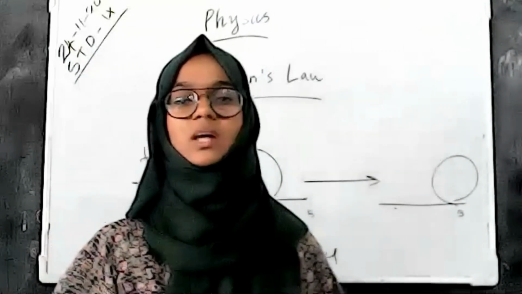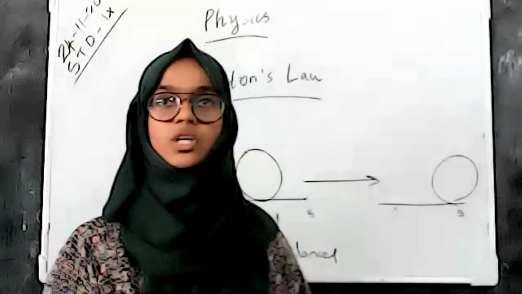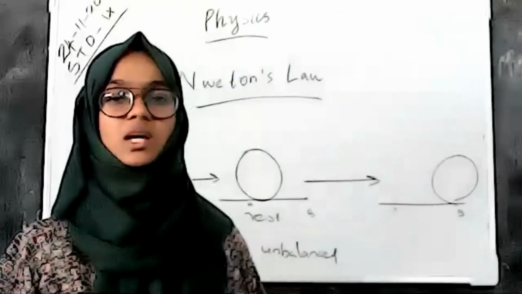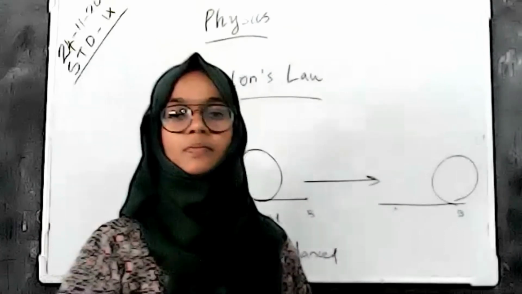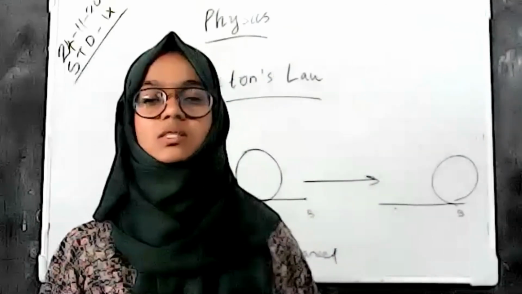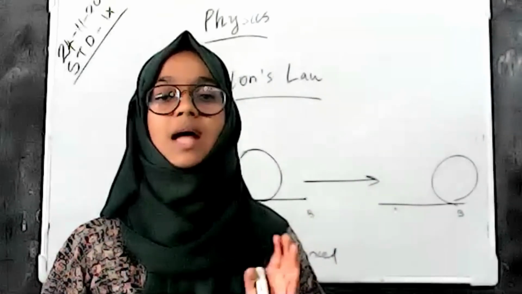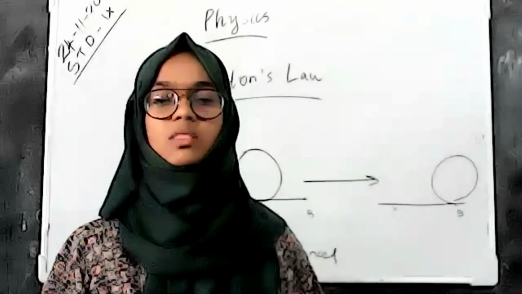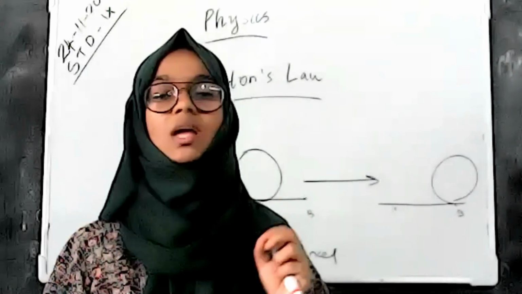Okay, I think all of you understand what Newton's law of motion is. And today we are discussing unbalanced force and balanced force. A balanced force is a force that acts in the opposite direction but is of the same amount. That's why it doesn't do work.